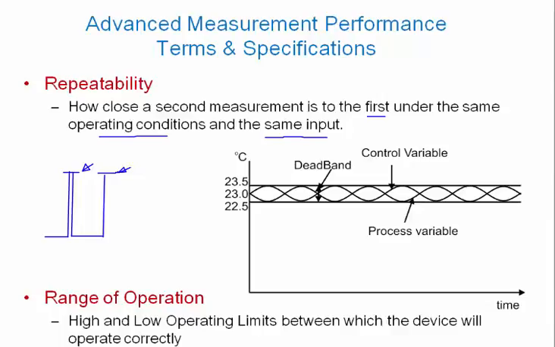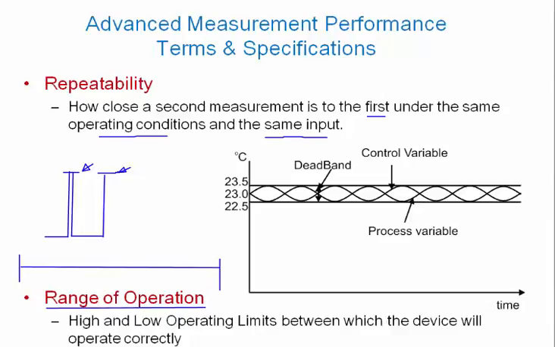The other phenomenon here is range of operation. Now, an instrument will be able to operate within a defined range, and there will be extremes. So the actual calibration of the instrument could be between two extremes.